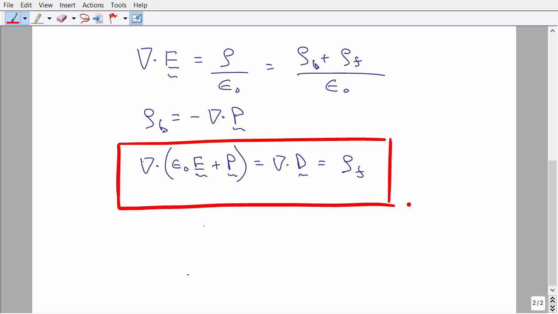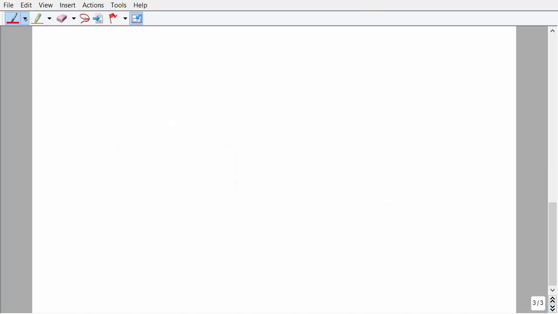Okay, so this was our development for the vector D, and of course D is this term here, and D is a useful vector for us to work with, and we're going to follow a very similar procedure in magnetostatics. So here we started in electrostatics with the Maxwell equation where the charges entered as a source. And we're going to do the same thing in magnetostatics, but of course it's now the curl equation.